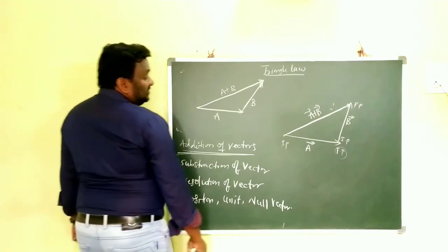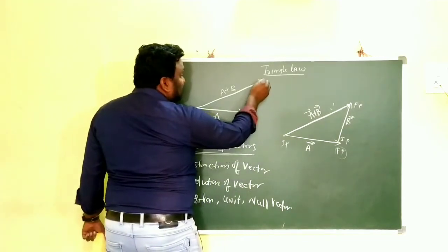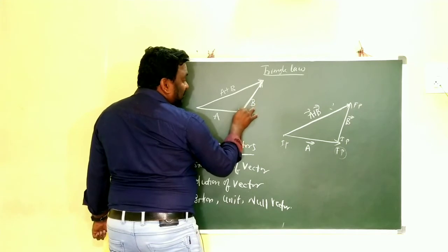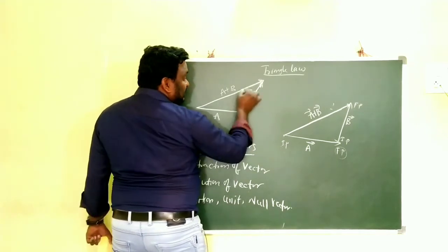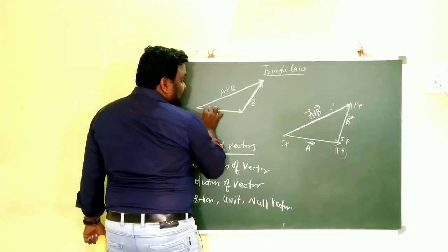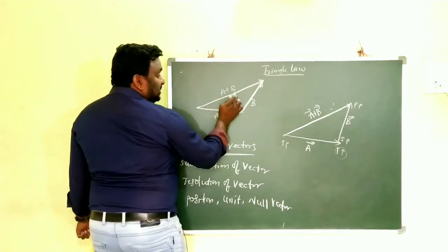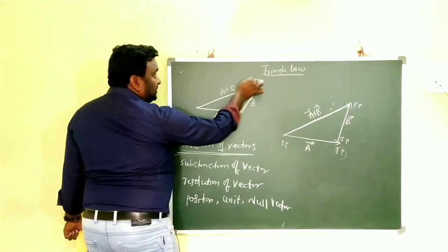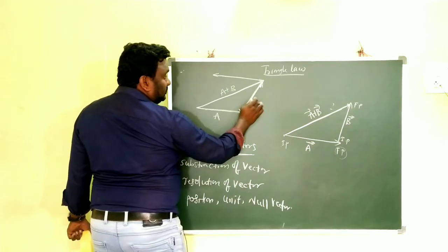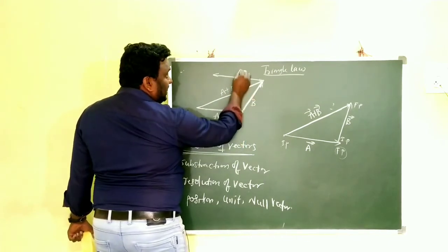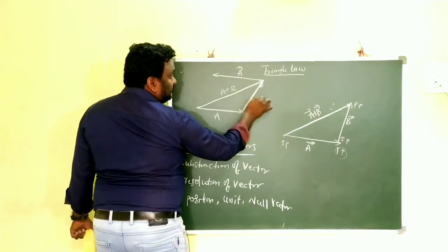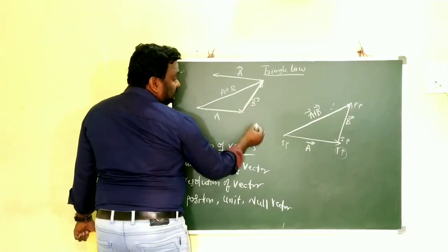And now, children, I am taking this is B. Don't confuse. This is B and this is A. Watch this one. Now I am taking this is A, this is B, and now it is A. This is vector B, like this.